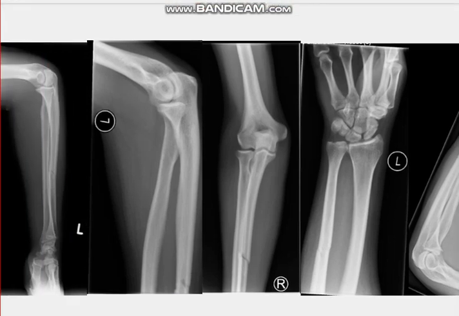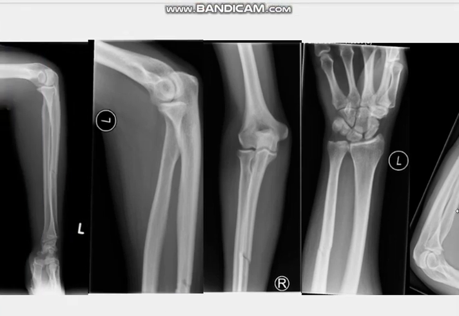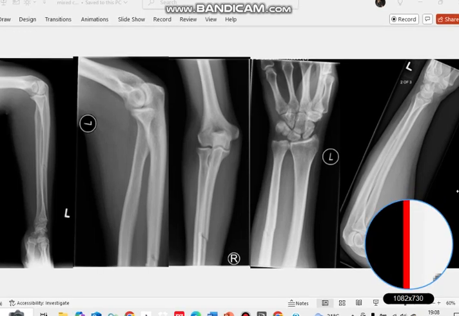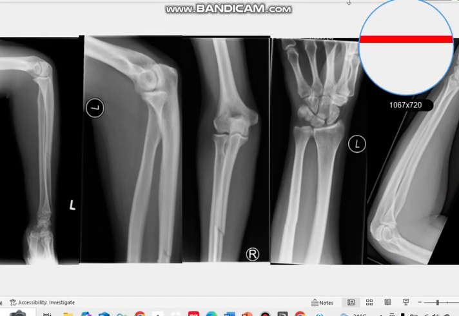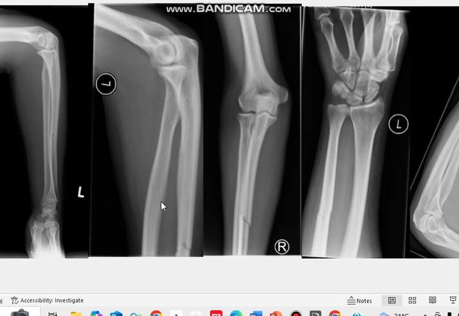Why am I telling you that these two fracture dislocations need displaced fragments? Because here, as you can see, this is ulnar shaft fracture without displaced fragments. Without displaced fragments, there is no fracture dislocation.